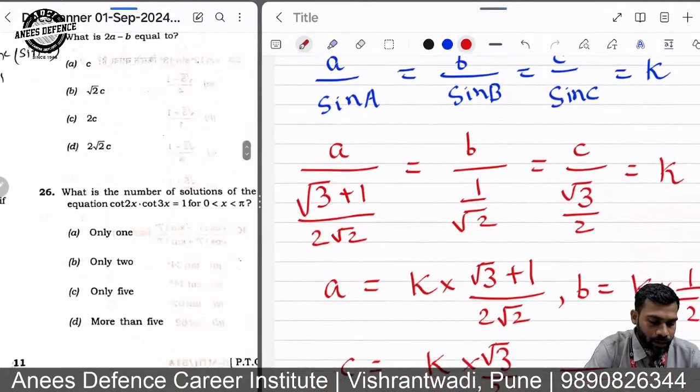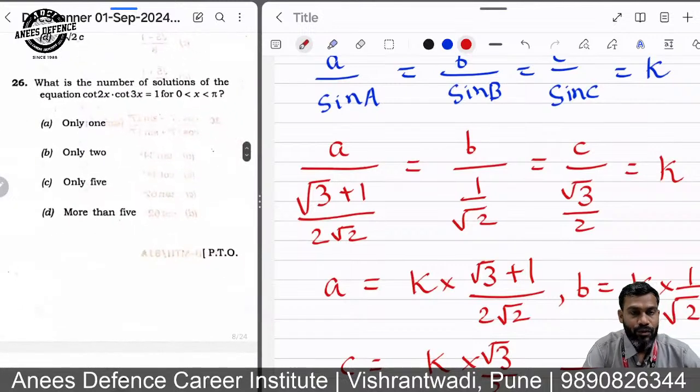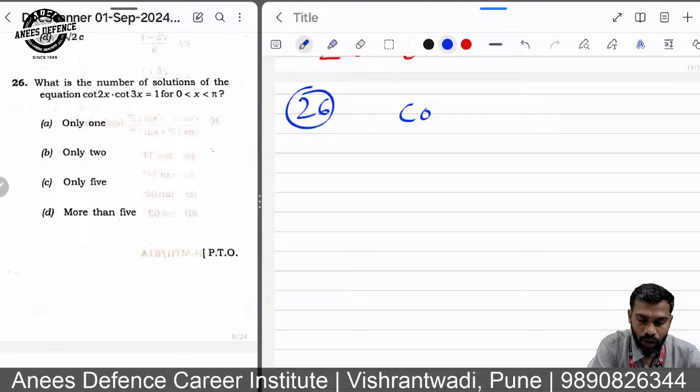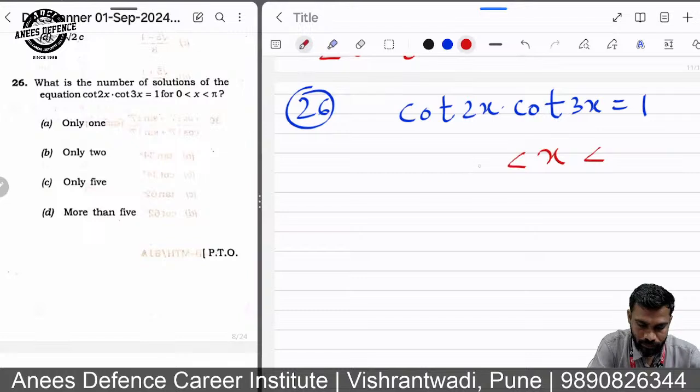Next. Number 26. What is the number of solutions of the equation? Question number 26. We have got cot 2x into cot 3x is equal to 1. And remember the interval 0 to pi.